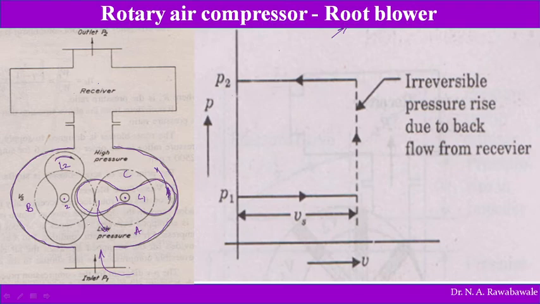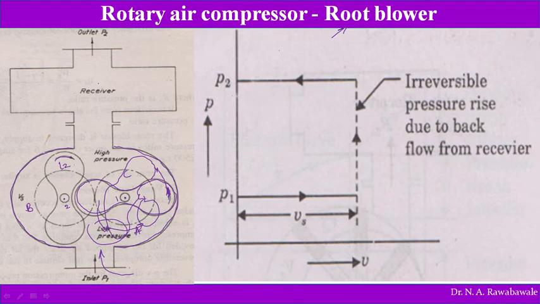So the air which is trapped here is pushed in the forward direction, and this region A is trapped by this lobe as it becomes inclined. So this lobe takes this position, and when it takes this position, air gets trapped here, just like in section B.